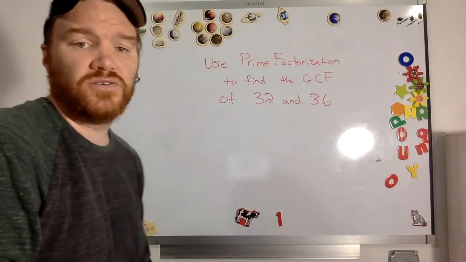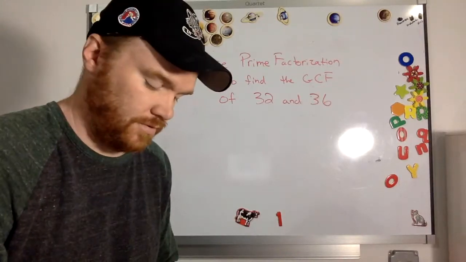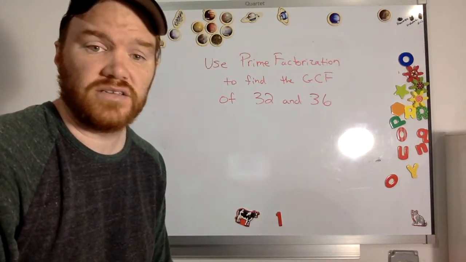All right, so I'm going to do that. I'm going to use that for you guys. Okay, find greatest common factor of 32 and 36.